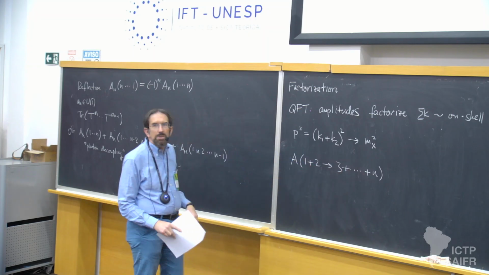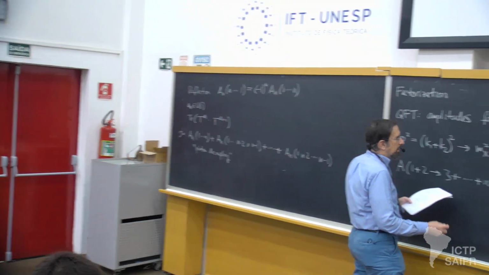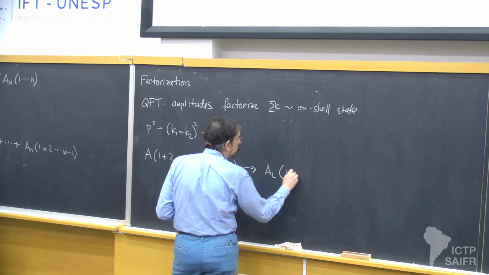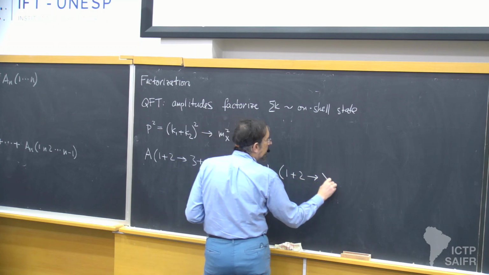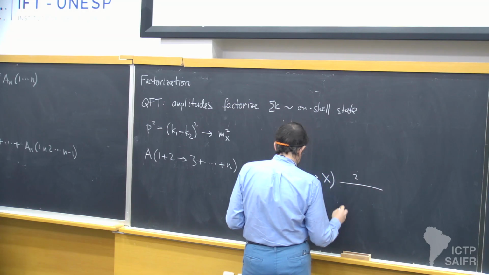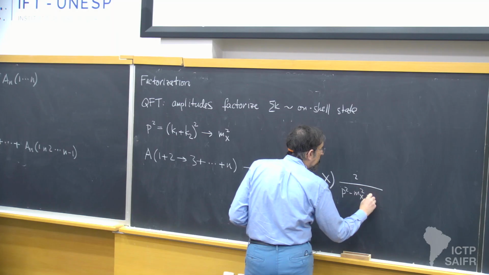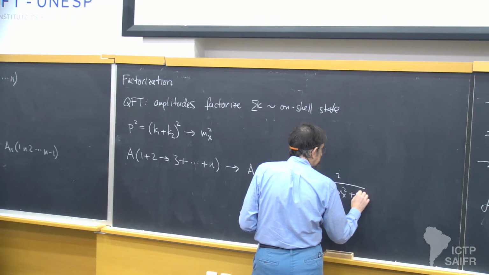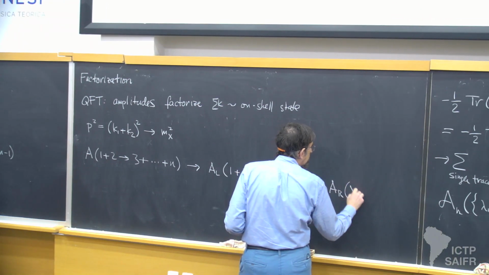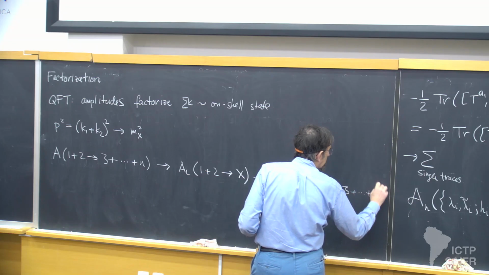I'm just, for the purposes of discussing factorization, writing it in this form. So then we're going to get a left amplitude where we produce the on-shell state. It then propagates and then it decays to form our final state.